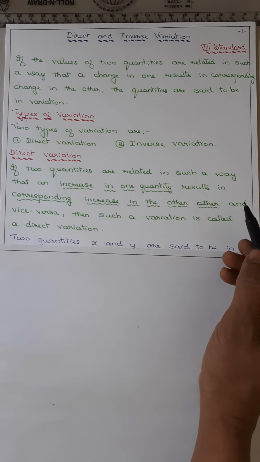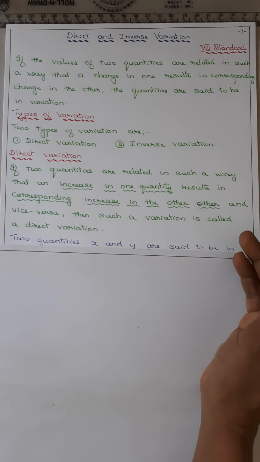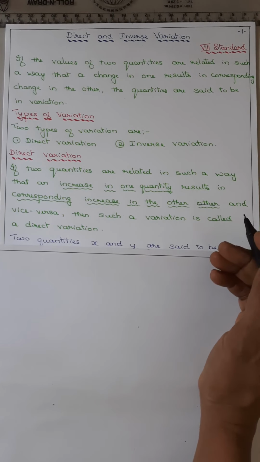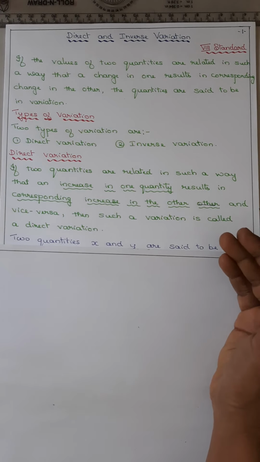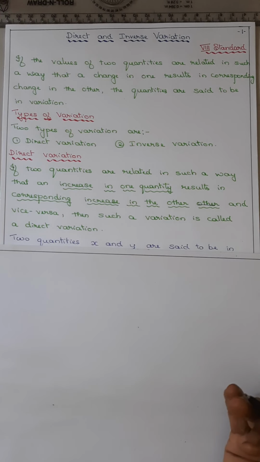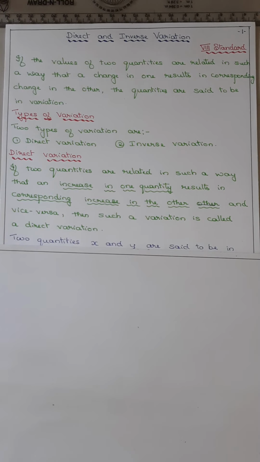So, if one quantity is increasing, the other also increases; if one is decreasing, the other also decreases. Increase, increase, decrease, decrease, then it is direct variation.